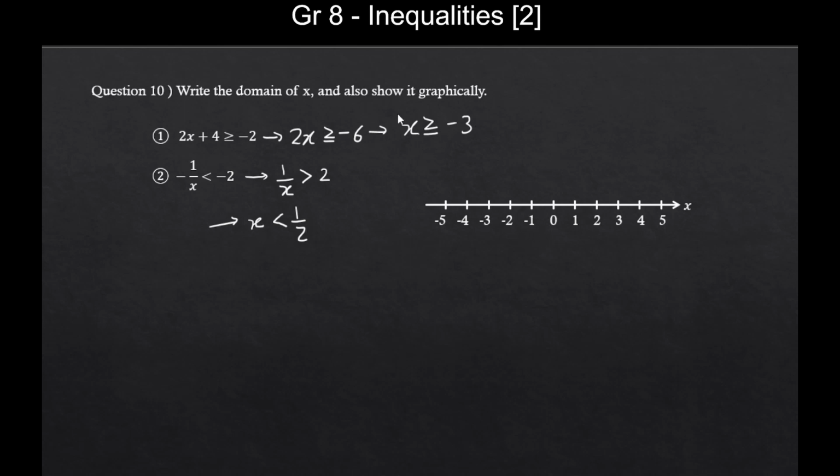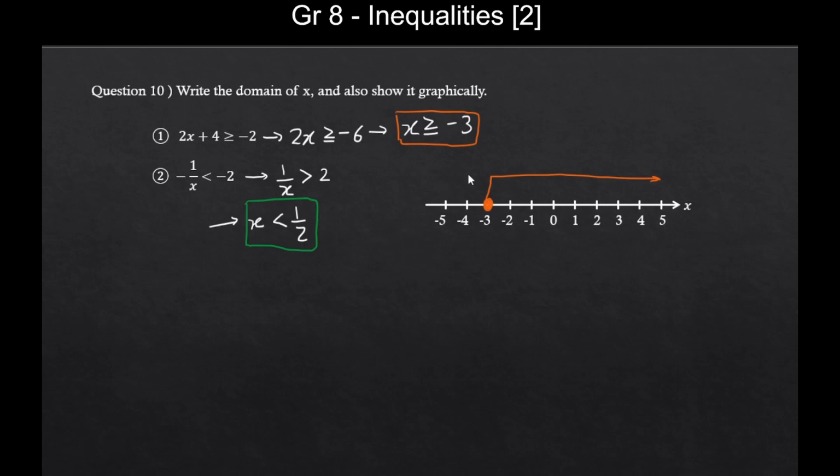The first one, x is greater than or equal to -3. So there's an equal sign. So this time we're gonna color the dot. X is greater than or equal to -3. So we have to make it go this way. Now the next one. X is smaller than 1 over 2.